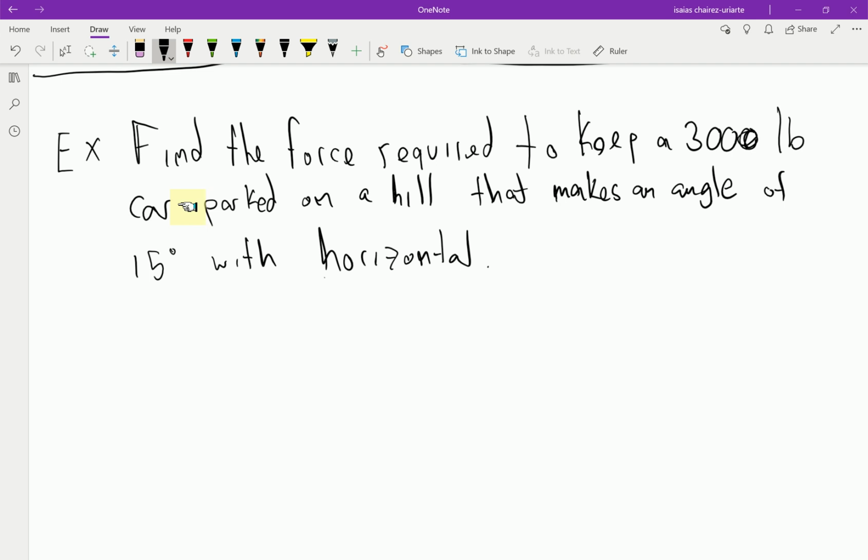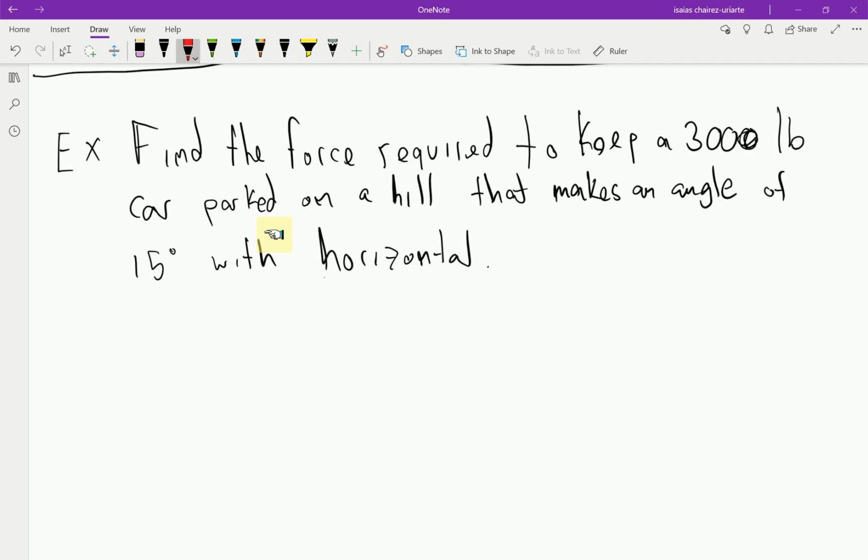What we want to do now is find the force required to keep a 3,000 pound car parked on a hill that makes an angle of 15 degrees with the horizontal. This is a weird problem. This problem requires a little bit of care here. Why?